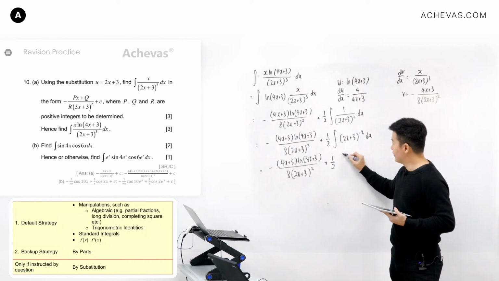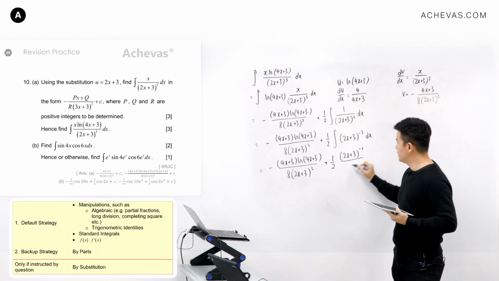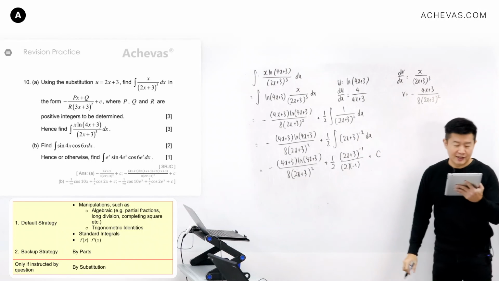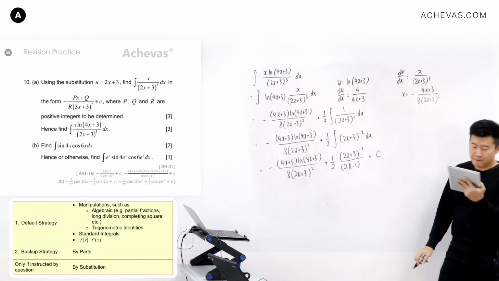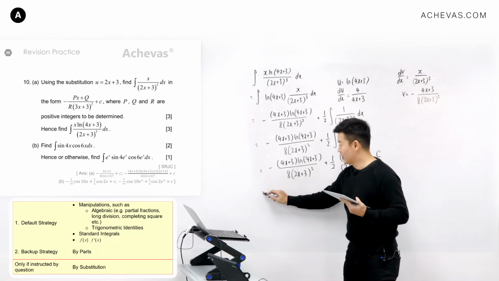This is plus half, this will be (2x + 3) to the power of minus 1 divided by 2 times minus 1, then plus c. I'm carrying out the secondary school's version of the integration. So my final answer, okay, not yet.